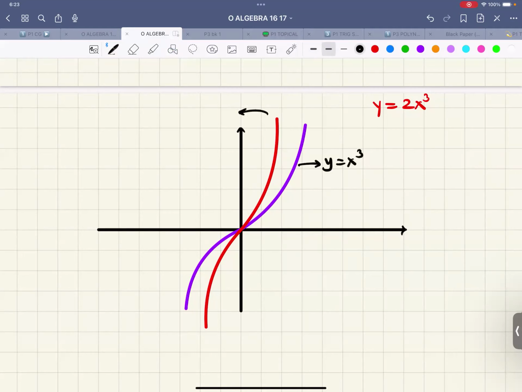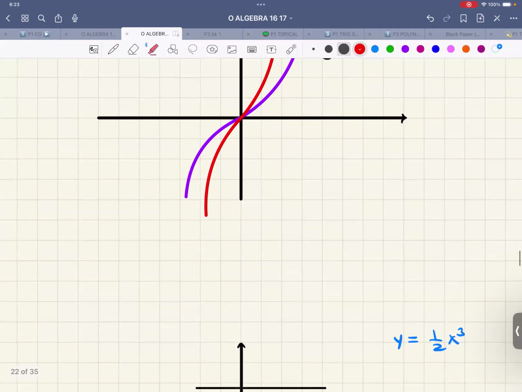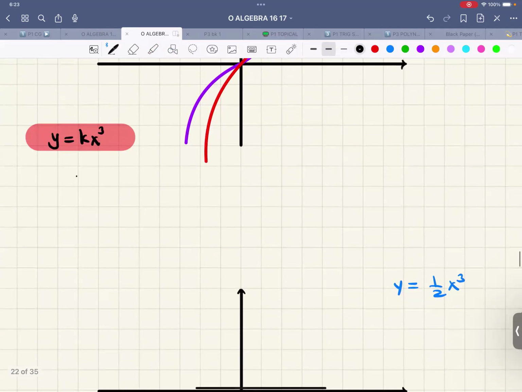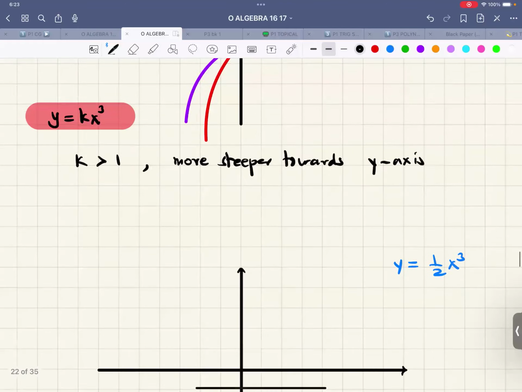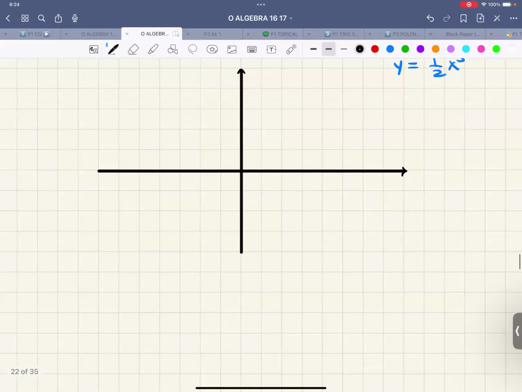This is y equals 2x cubed. In general, if I have y equals kx cubed, if k is greater than 1, the graph gets steeper towards the y-axis.